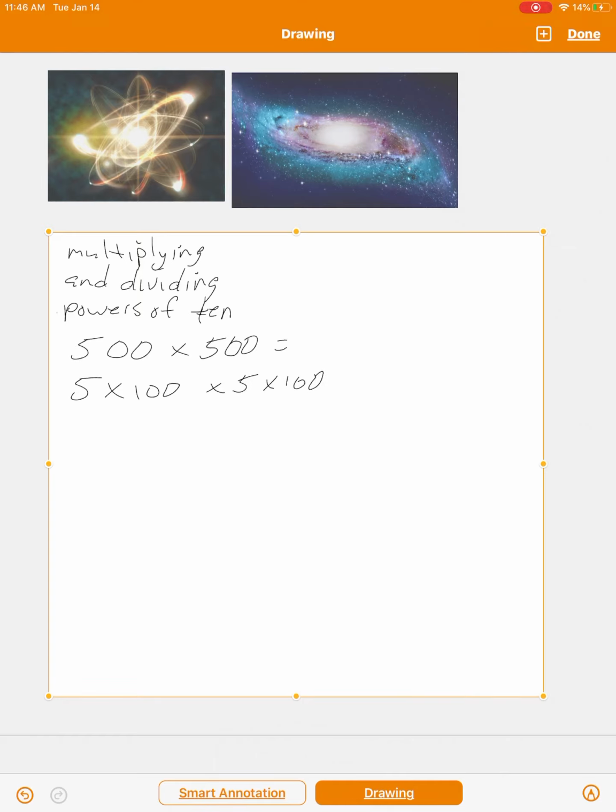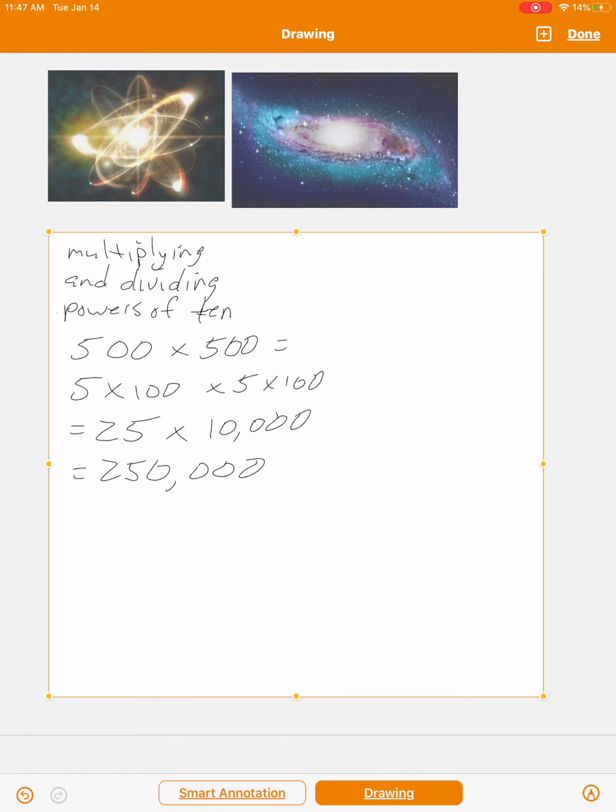And then we could pick and choose what we want to multiply. 5 times 5 is 25, and then 100 times 100 is 10 times 10, 10 times 10, so that's 10,000, right? So times 10,000. And then 25 times 10 is 250, and then you got your 1,000. Okay, so that's just one way to do it. 250,000 would be your answer.